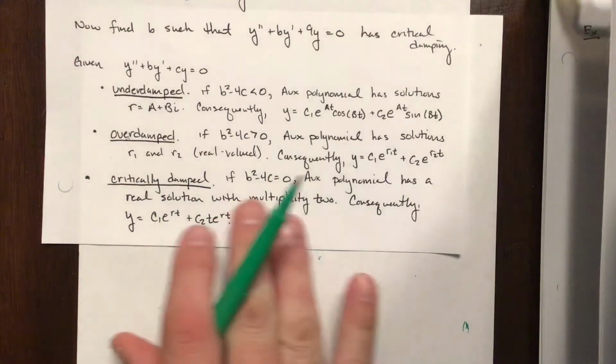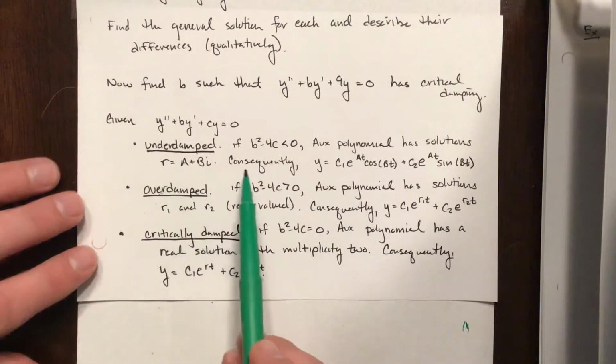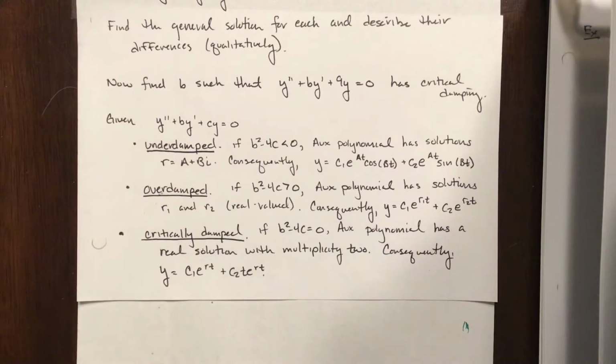All right, so I have this all summarized here. Underdamping is if b squared minus 4ac, a in this case is always 1, is less than 0, so the auxiliary polynomial has imaginary roots, thus this solution.